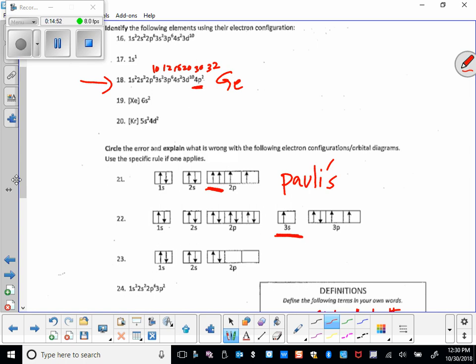Which rule is being violated? Aufbau's. Aufbau's rule is being violated because the lower energy is not filled. Is that right? What is being violated here? Hund's rule is being violated because you need to put one in each box. Are we understanding?